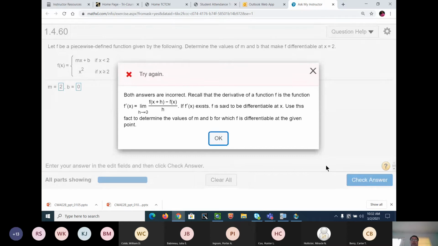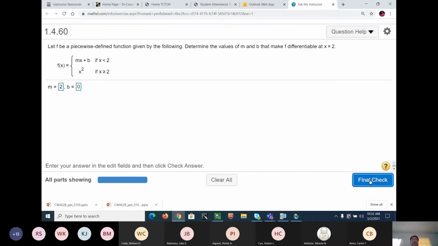Nope, we didn't get it right. 4 and negative 4. Well, we got 4. M is equal to 4. I guess I just didn't write it down right, because 2 squared is 4. Well, I messed up there. I'm sorry. 2 squared is 4.